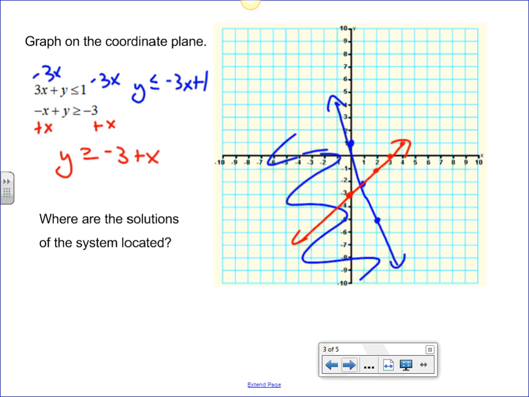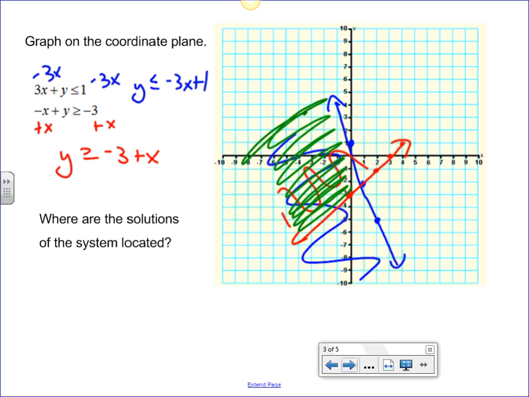And for this one, I would be shading above, since it says greater than. So where are the solutions? The solutions are in this area over here, where both were shaded. It was true for both of them. So any point in that area would be a solution of this system.